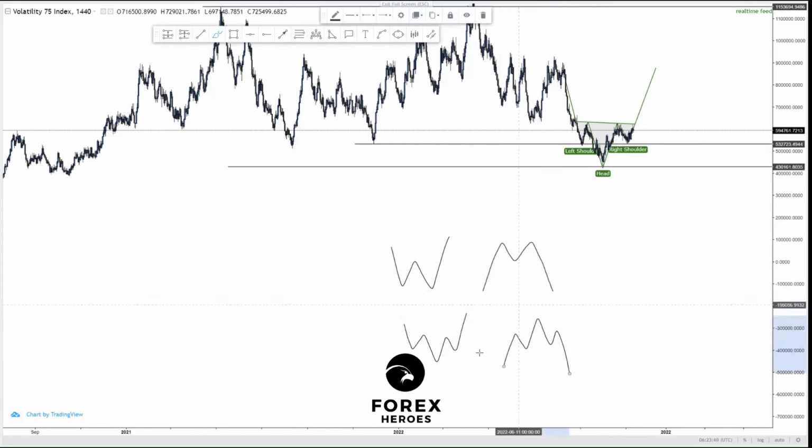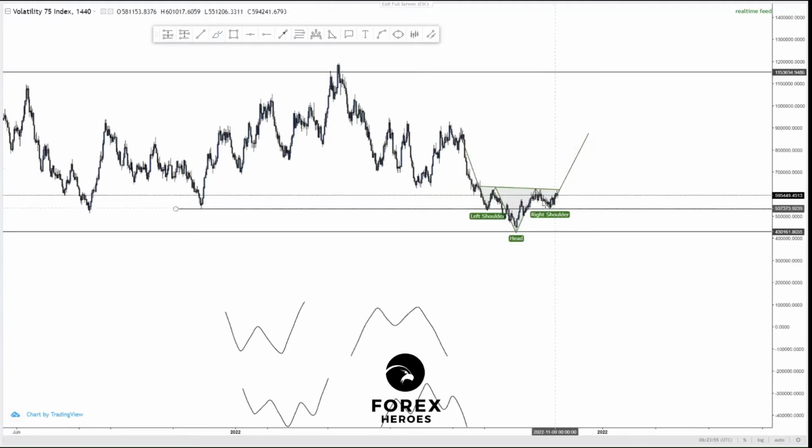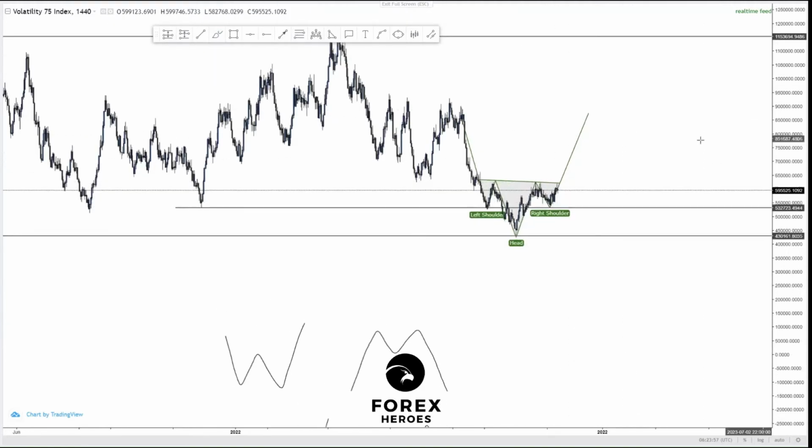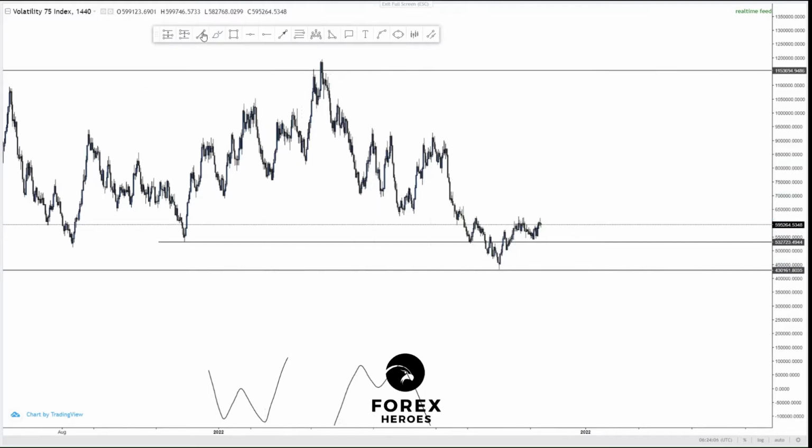These are the main two types of reversal. So if you see this, it is a reversal pattern, and we expect the market to push to the upside.